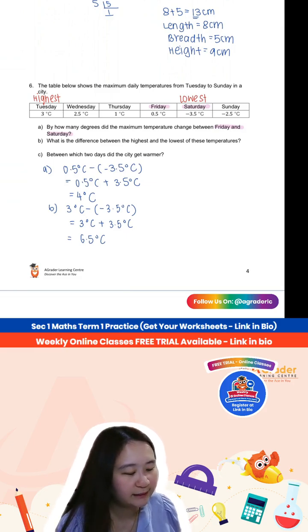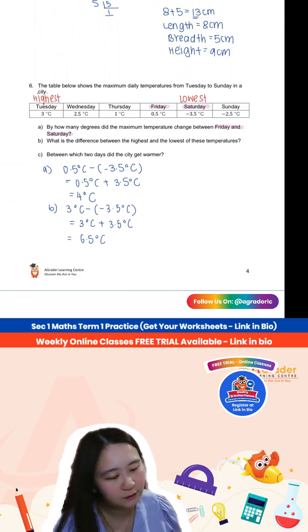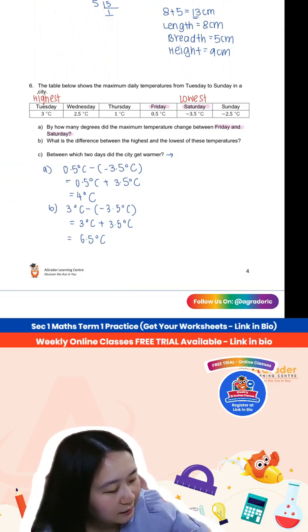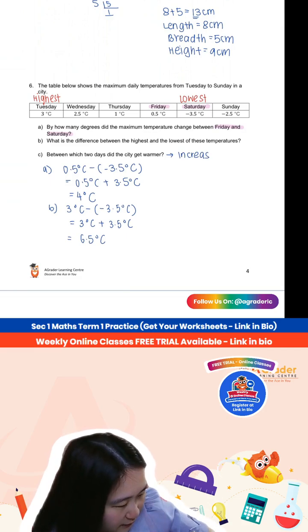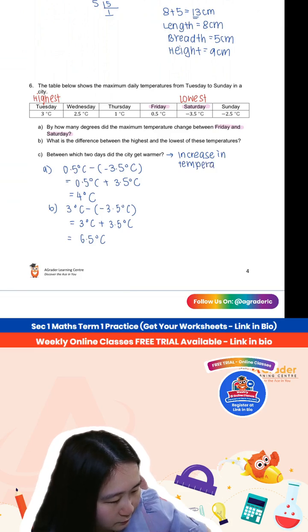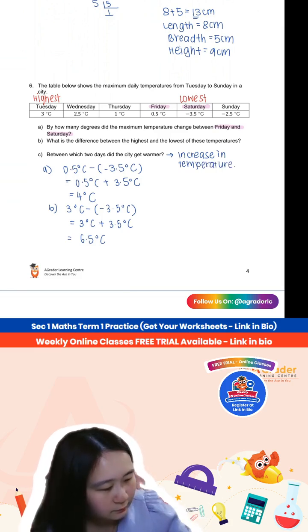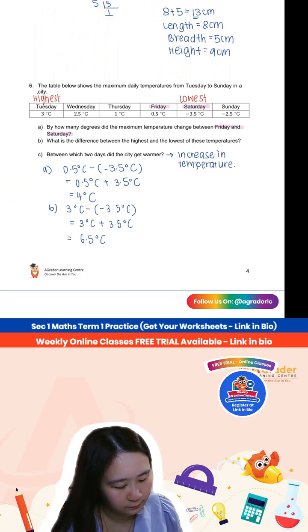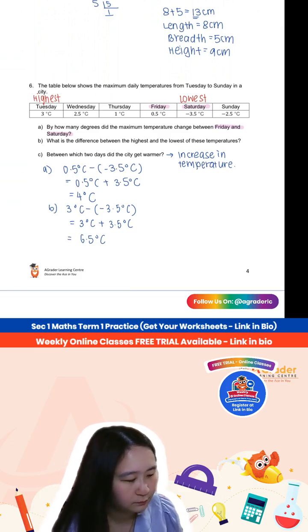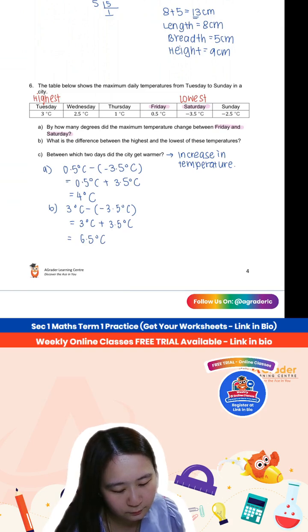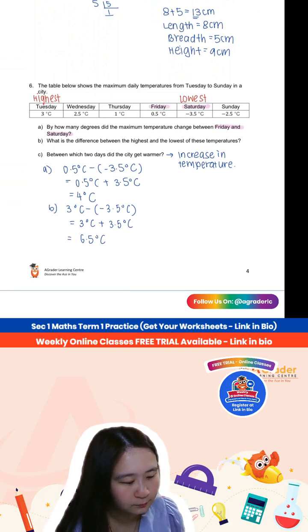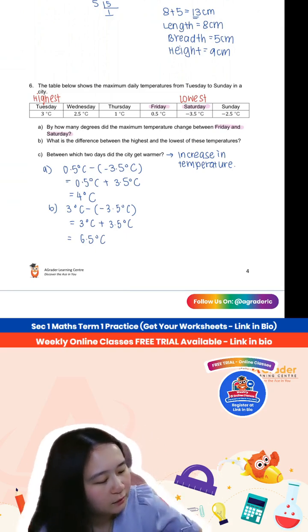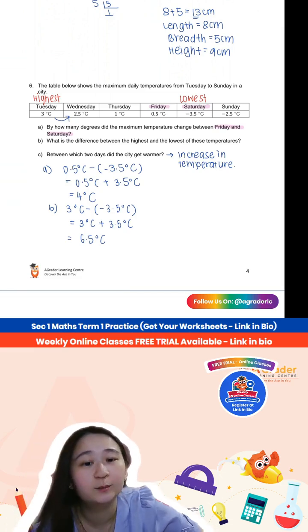Between which 2 days did the city get warmer? Getting warmer means there is an increase in temperature. From here to here, the number gets smaller.